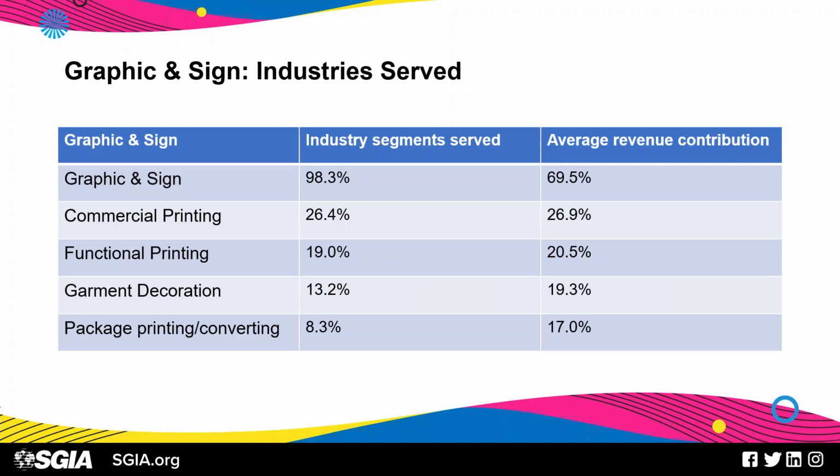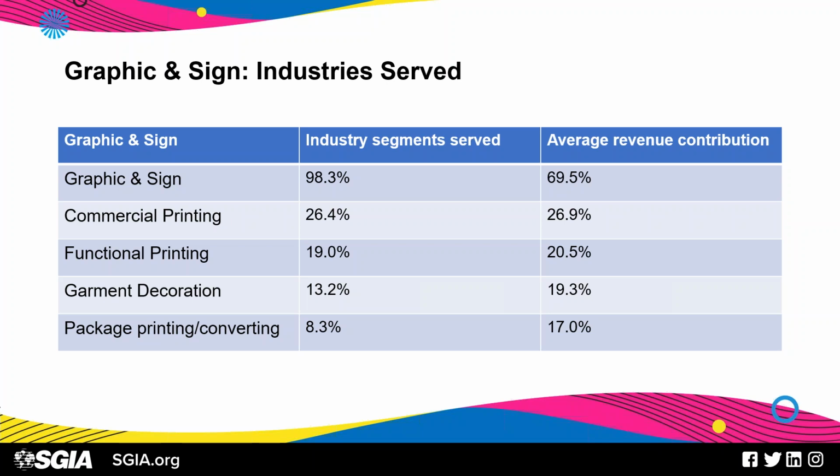They call themselves graphic and sign producers, but the graphic and sign industry is not the only industry they serve. When asked about other industries, they told us they also serve commercial printing industries, 26.4%. They also serve functional printing, 19%. They serve garment decoration markets, 13.2%, and 8.3% serve package printing and converting.